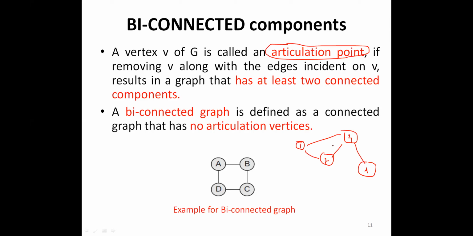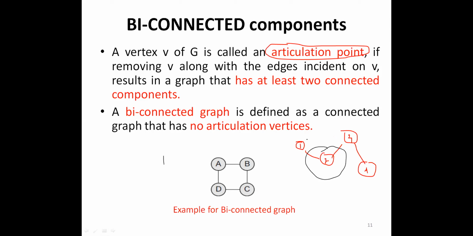If I remove vertex 2, along with its edges, because this edge is connected to node 1 as well as node 3, it becomes at least two connected components.